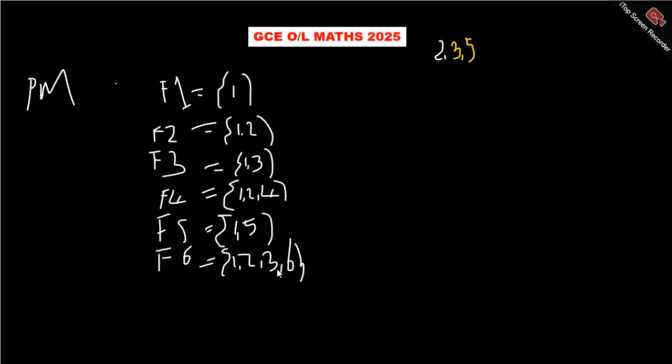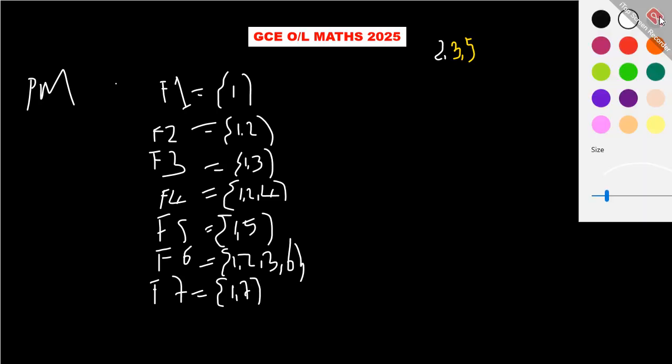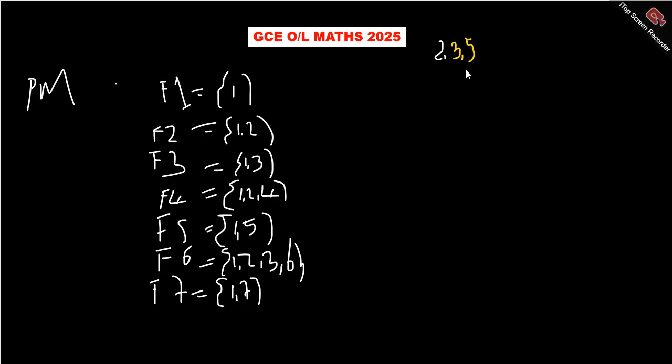So 6 is not a prime number because it has more than 2 factors. Let's go to 7. Factors of 7 are 1 and 7. So we can see that 7 is a prime number because it has only 1 and itself as factors.